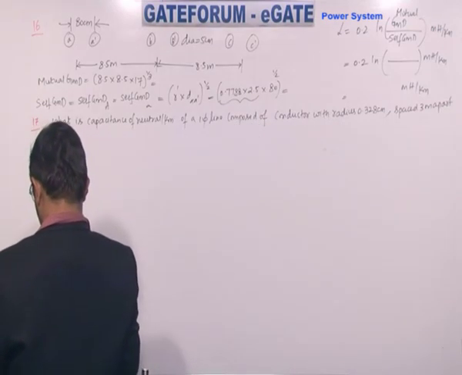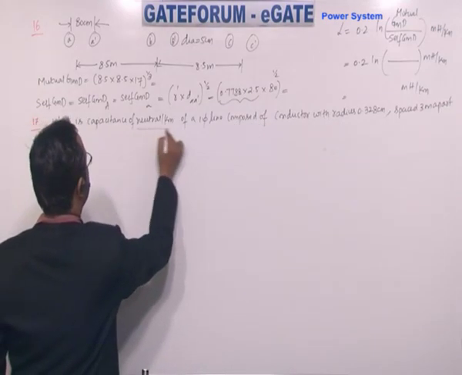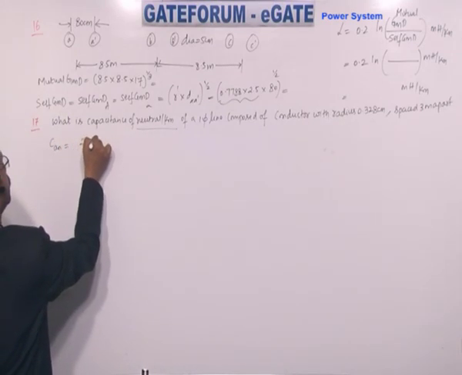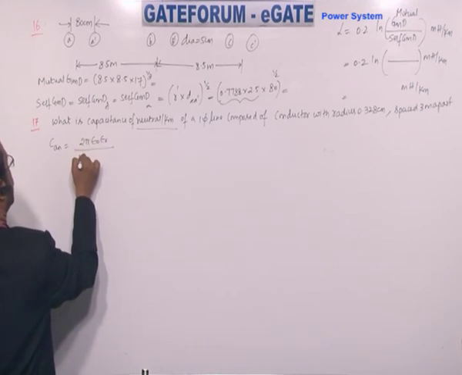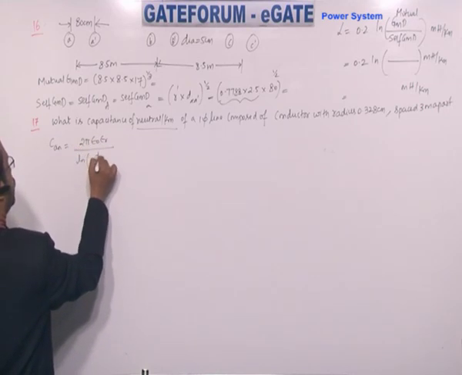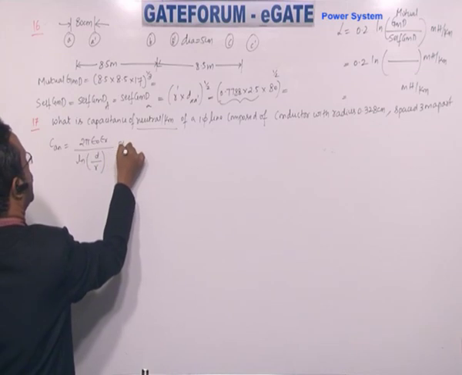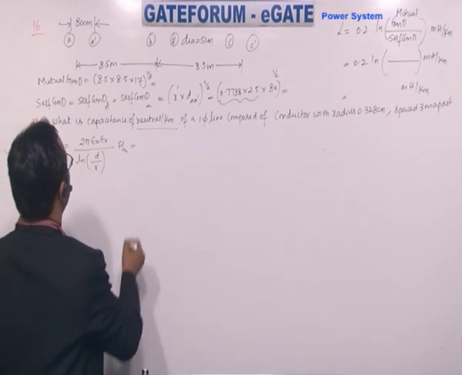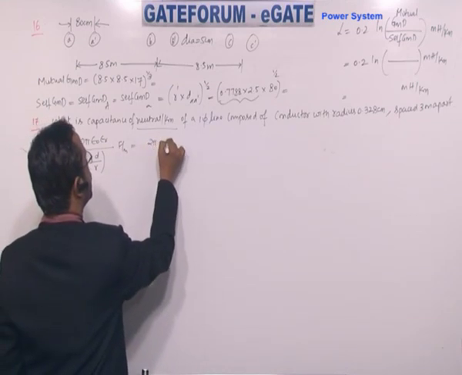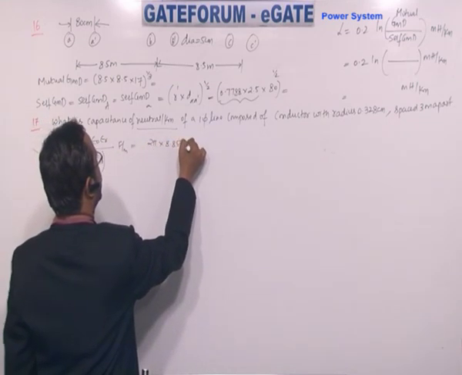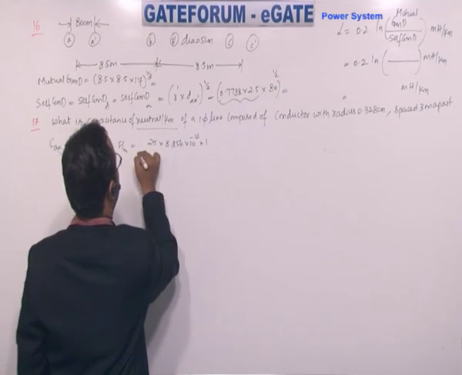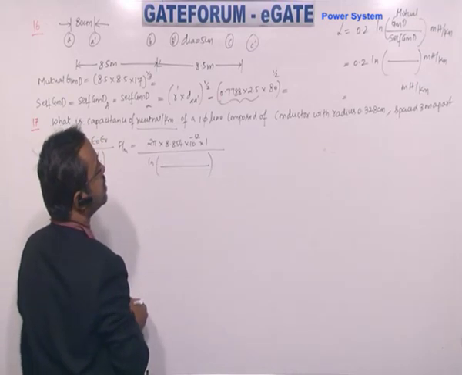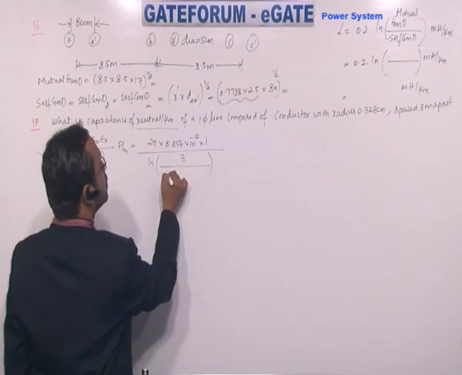So with respect to neutral means CAN. How to find it? 2 pi epsilon naught epsilon r by natural logarithm of d by r, so many farads per meter. Substitute the values. Epsilon naught 8.854 10 power minus 12. What is the distance now? 3 meters.